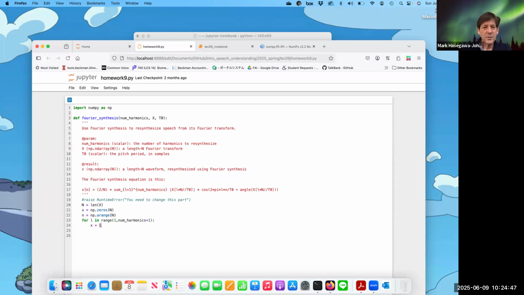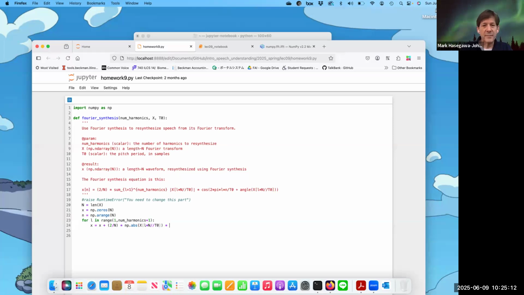So x will be equal to 2 over capital N times, I'm going to take the previous value of x and then add in the next harmonic. I'm taking the sum over these harmonics here. And I want to add in, first of all, the absolute value of the Fourier transform at L times capital N over T naught.